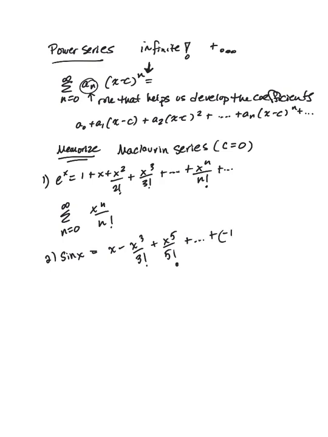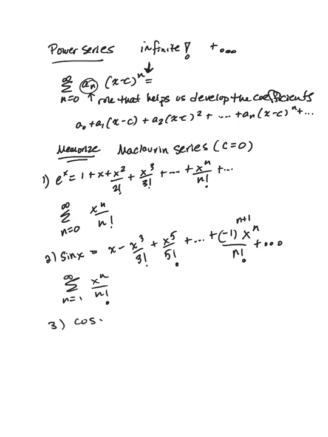Now there's an alternator, so it's negative 1 to the n plus 1, times x to the n over n factorial plus dot dot dot, because it's infinite. So we can also write that as n equals 1 to infinity, x to the n over n factorial. Try it out, you'll see that it generates those terms.